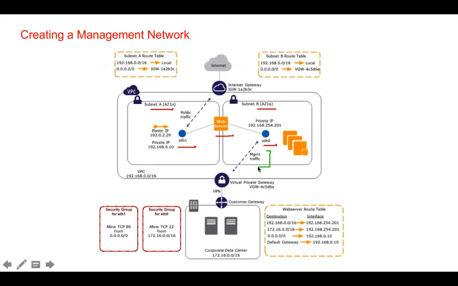So the default network interface of your web server or EC2 instance is handling the management traffic. Opposite to it, the ETH1, the secondary network interface, is handling something called public traffic. Public traffic means that it is the traffic it is receiving from the internet, whereas the management traffic is the one flowing to and fro between your data center and the AWS cloud.